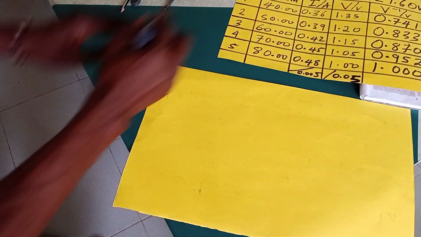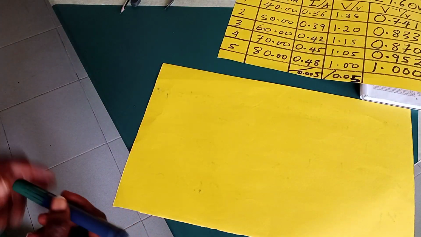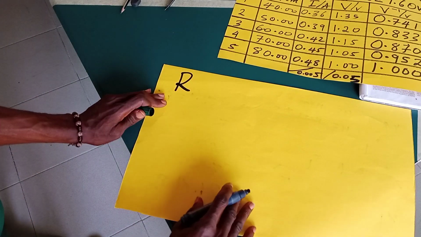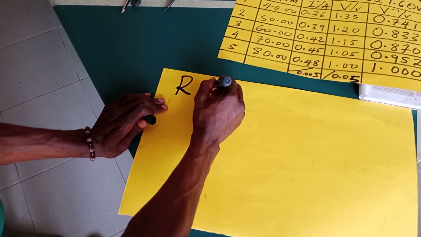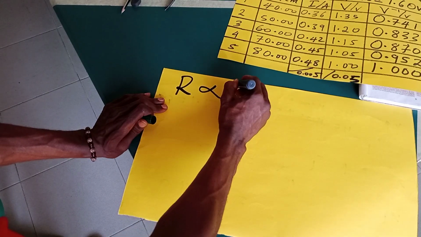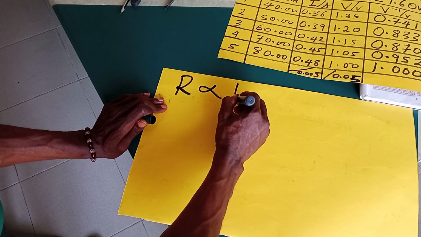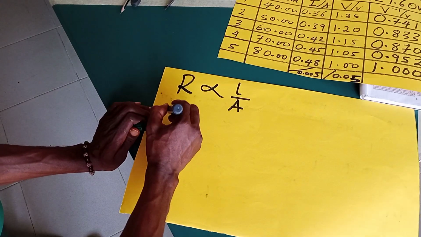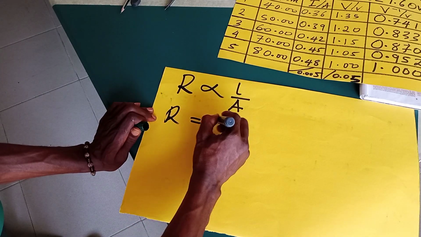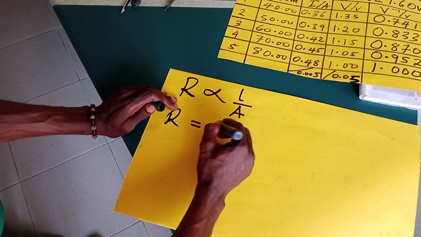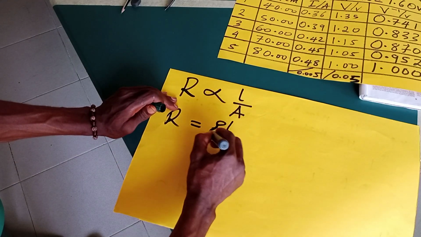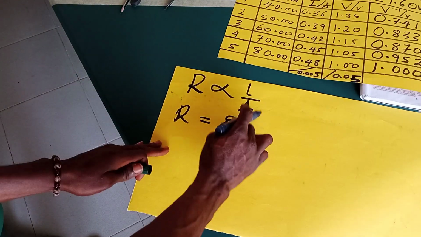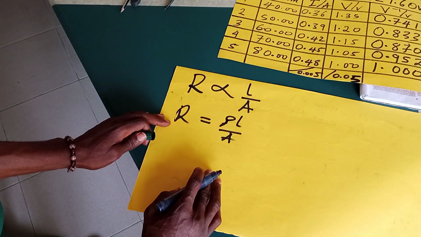The equation controlling the whole of this experiment is that the resistance of the wire is directly proportional to the length and inversely proportional to the area. Removing the sign of proportionality, we will have R equals rho L all over A. It means that an increase in the length will cause the resistance to increase.